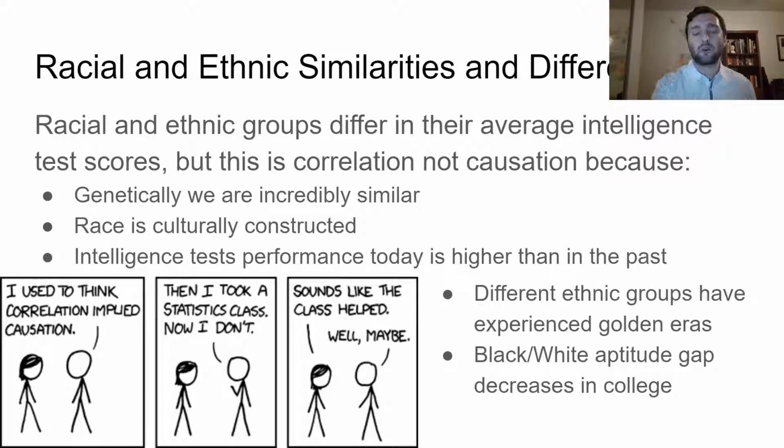So first of all, we know that no matter what race or ethnicity you are, genetically, we are all incredibly similar. In fact, genetic diversity is more widespread within certain racial groups than it is between racial groups. So if I look at Africa, for example, the continent of Africa is the most genetically diverse because that's where human life started, so all of the genetics are pretty much there.